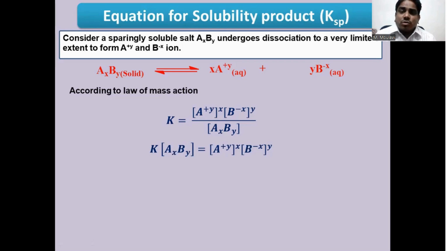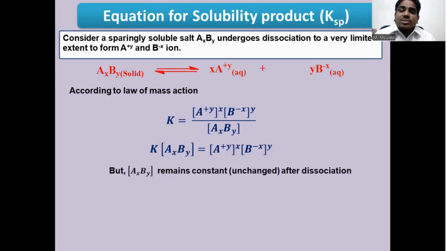The sparingly soluble salt is practically insoluble in water, so the concentration of AxBy remains constant or unchanged even after dissociation. So one constant into another constant is a constant. So K into the concentration of AxBy is equal to a constant, and that constant is the Ksp, that is, the solubility product.